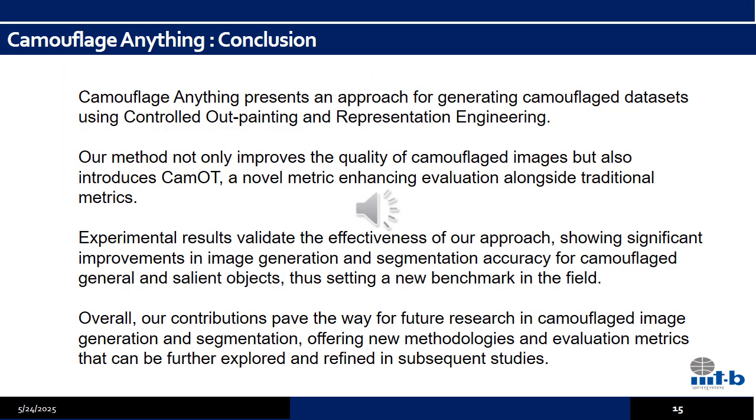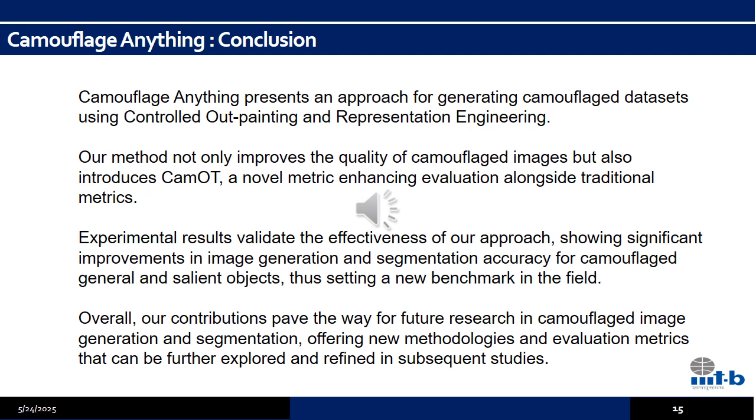To conclude, our Camouflage Anything presents an approach for generating camouflage datasets using controlled outpainting and representation engineering. Our method not only improves the quality of camouflaged images but also introduces CAMOTI, a novel metric enhancing evaluation alongside traditional metrics.